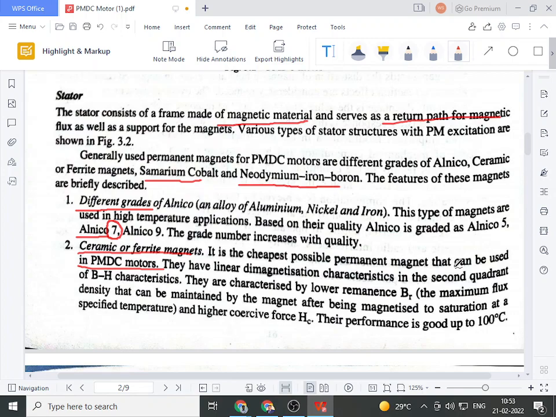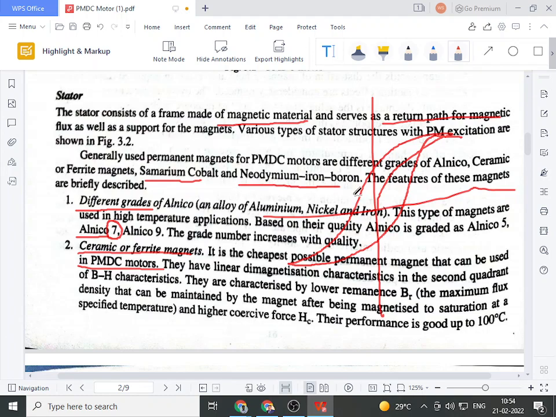The size of that BH curve changes according to the different types of magnet. The BH curve is either thinner or wider. You might have studied this type of curve, not in BEE, but I think in physics.